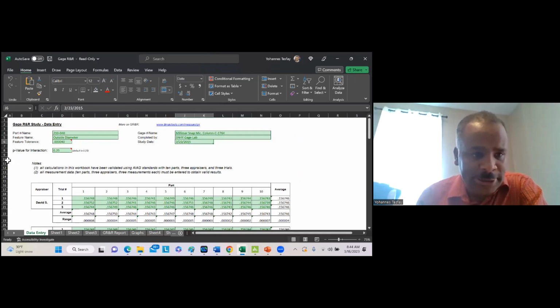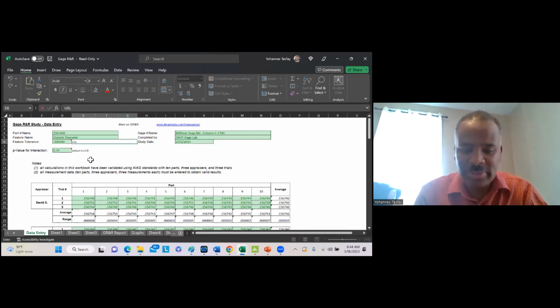Gauge tolerance is the upper specification limit minus the lower specification limit.